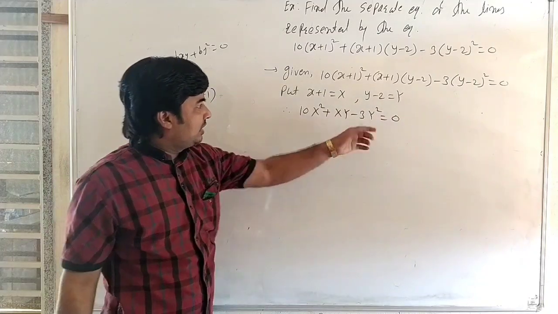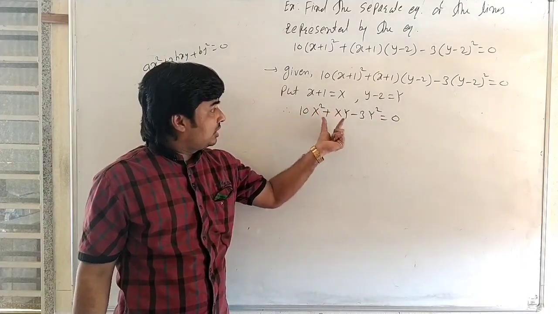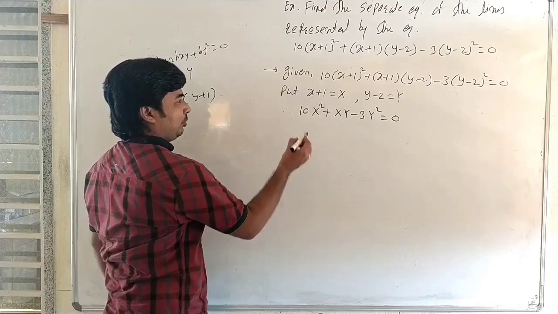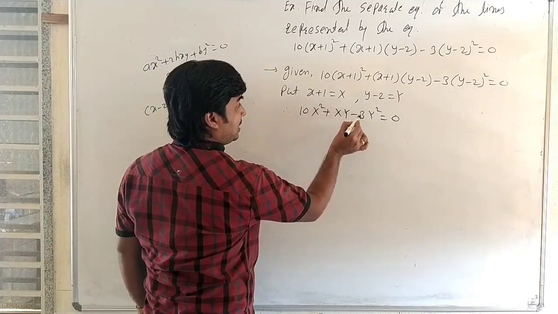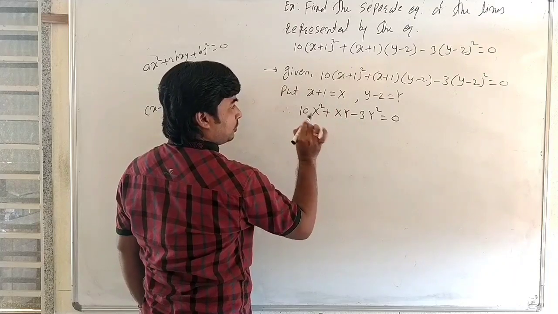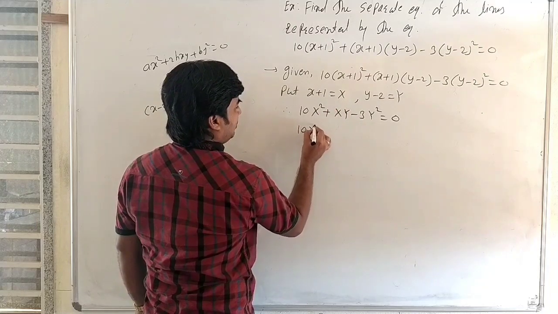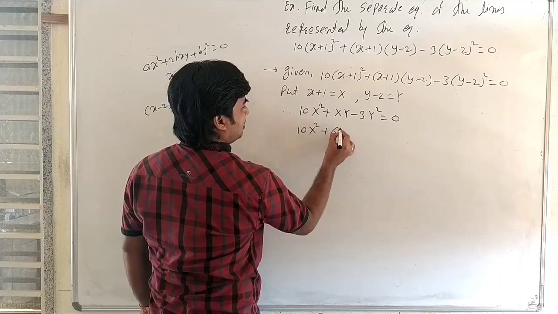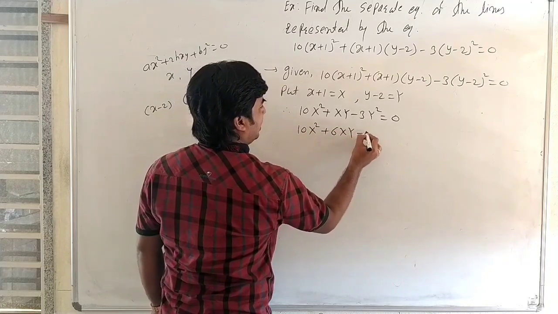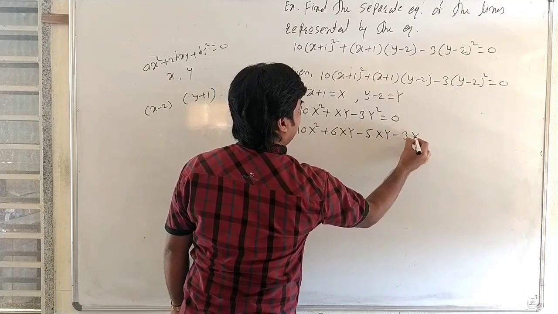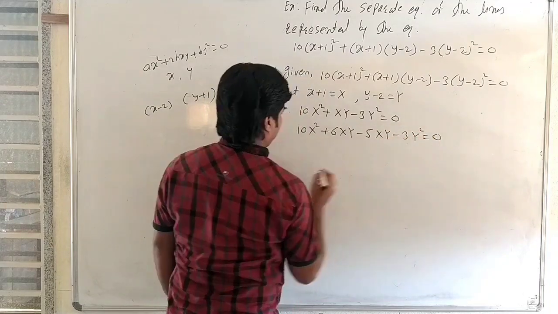Now it is a second degree homogeneous equation in capital X and capital Y. Therefore, factors: 10 into minus 3 is minus 30, addition plus 1, that is plus 6 and minus 5. Therefore, 10X square plus 6XY minus 5XY minus 3Y square is equal to 0.